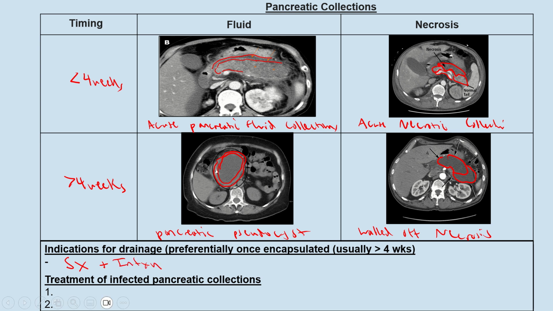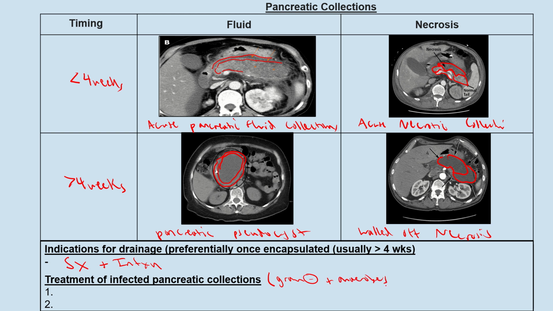If you have an infection of the pancreatic pseudocyst or walled-off necrosis, it's very important that you intervene and drain these infections. Treatment of infected pancreatic collections: remember, this is abdominal infections, so you really need to think about mostly gram-negatives plus anaerobes, right?